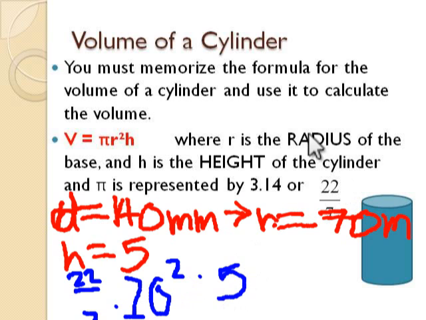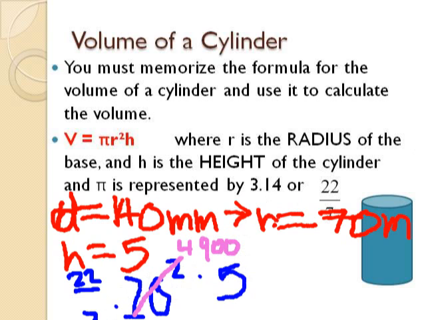Okay, so now we have to do the calculations. So 22/7 times 70 squared. We're going to take care of the power first. So that means we're going to do 4,900, because that's what 70 squared equals. Okay, then we're going to do 22/7 times that.